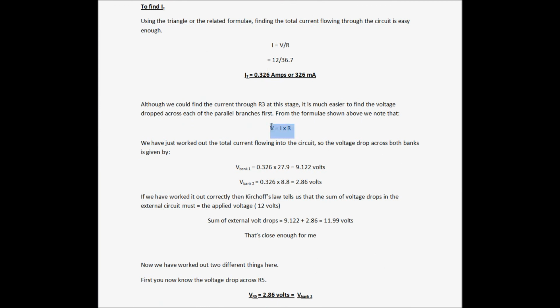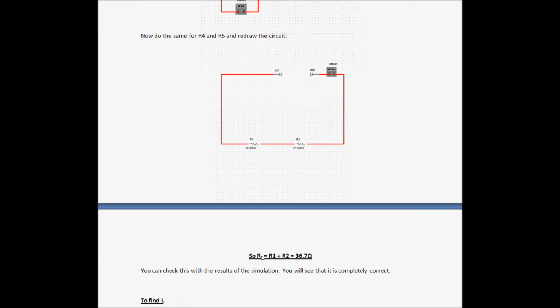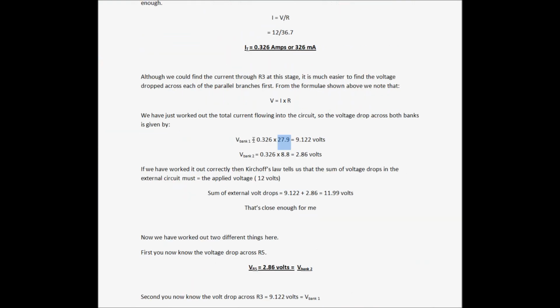Once again, Ohm's law, V is equal to I times R. The circuit current, 326 milliamps, times by the resistance of each bank. So there's the resistance of the bank. The current, 0.326. Therefore we get a volt drop across bank 1 of 9.122 volts and a volt drop across bank 2 of 2.86 volts.